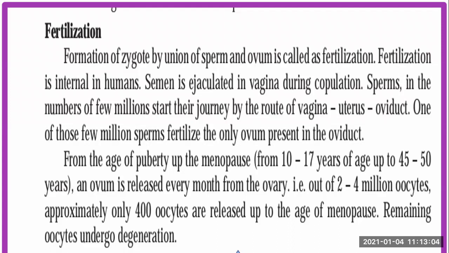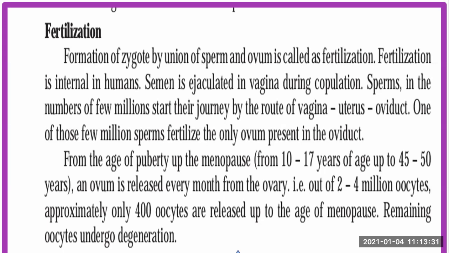What is semen? On Saturday we discussed semen. Semen is nothing but a whitish fluid which provides all the required nutrition for the mobility of the sperm, as it has to travel a long distance. For that purpose, the semen has an energy source like fructose.